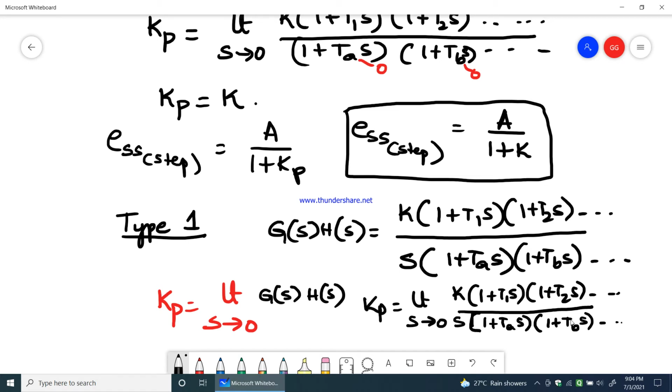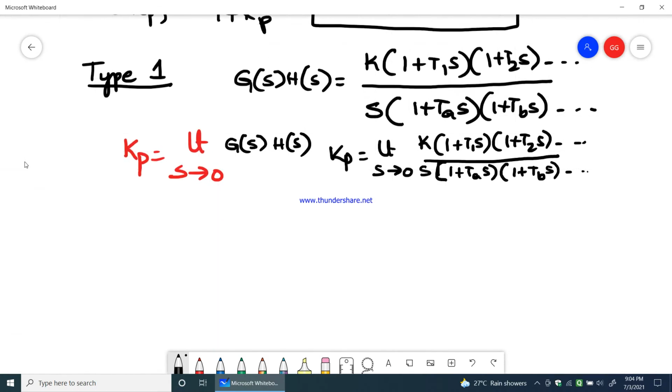Now we will see the application of the limit s tends to 0 for this particular equation. When I apply the limit, Kp will be K divided by 0. Normally anything divided by 0 we consider to be infinity. So Kp equals infinity.